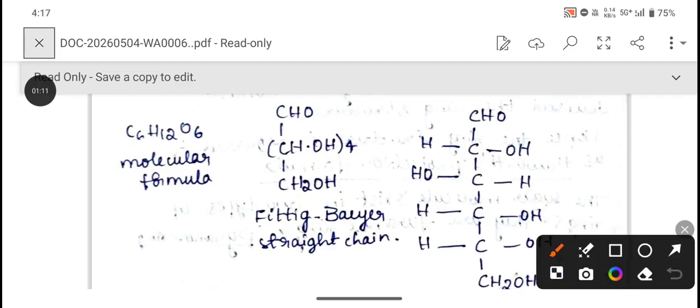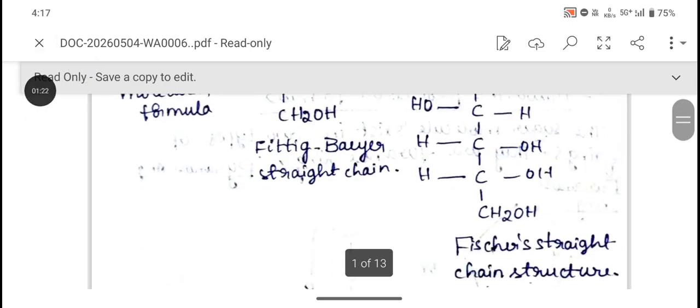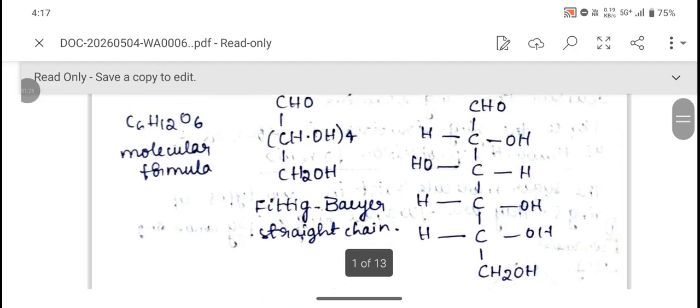You can observe 6 carbon atoms. This is the structure of glucose according to Fisher's straight chain structure, and it is the most acceptable, and the one we currently use in biochemistry for the study of carbohydrates.